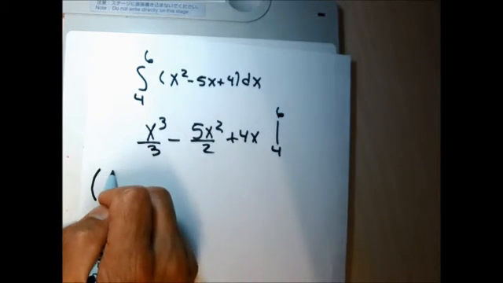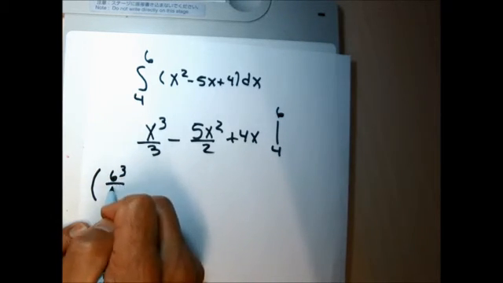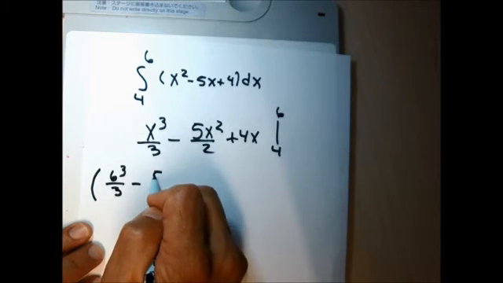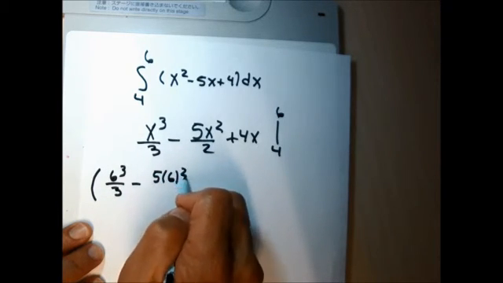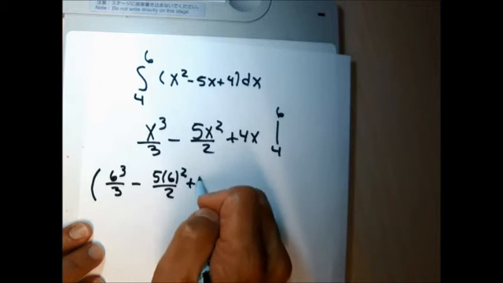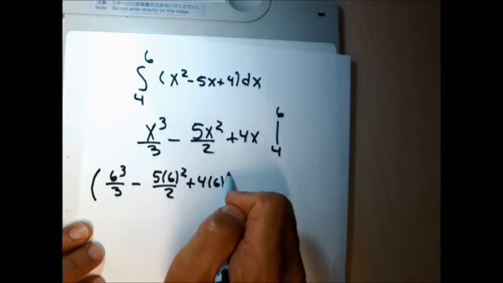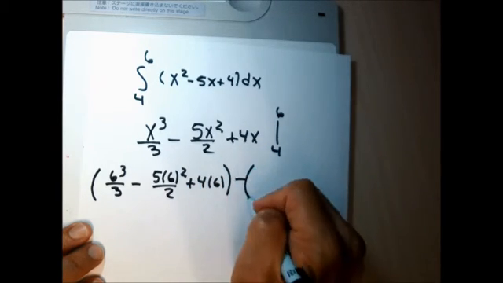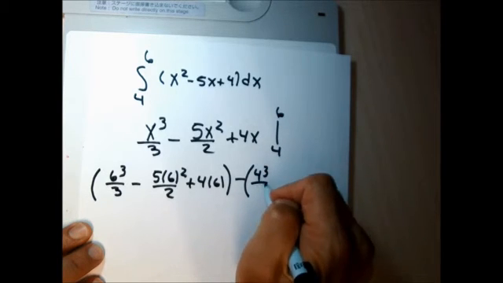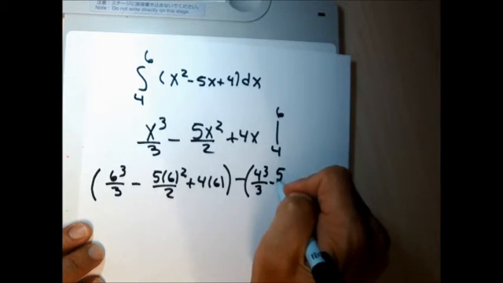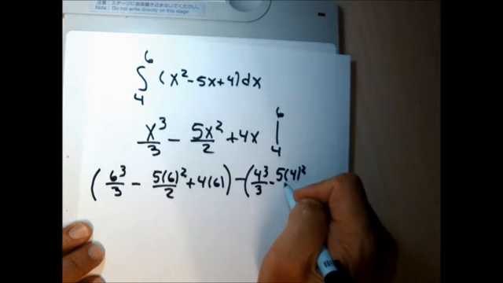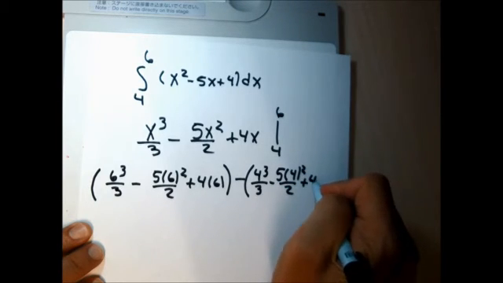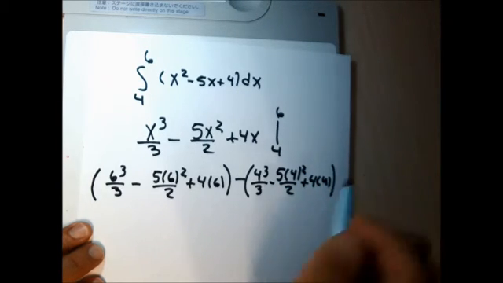So the first one I'm going to do 6 cubed over 3 minus 5 times 6 squared over 2 plus 4 times 6 minus 4 cubed over 3 minus 5 times 4 squared over 2 plus 4 times 4.